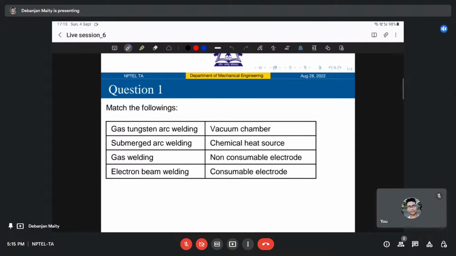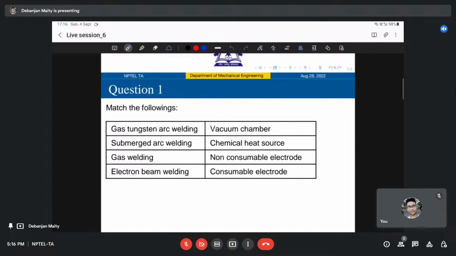Now, in gas tungsten arc welding, basically the arc is maintained between a non-consumable tungsten electrode and the workpiece in a protective inert gas atmosphere. So any kind of filler material needed is supplied externally. In gas tungsten arc welding, normally a DC arc is used with tungsten as the negative pole.